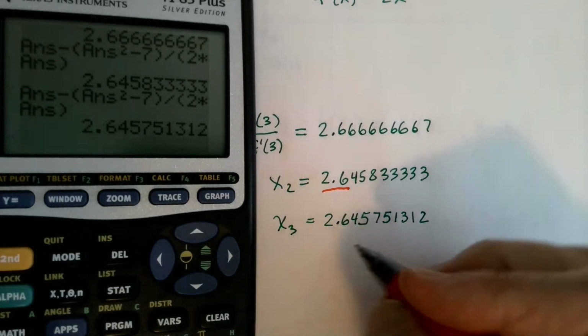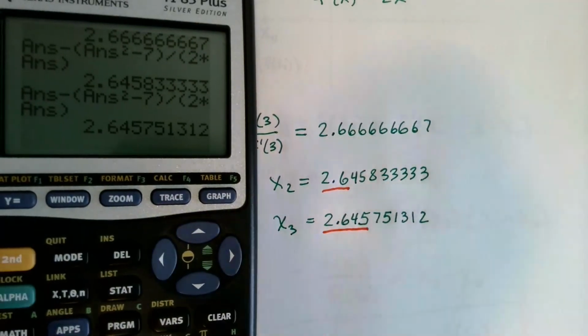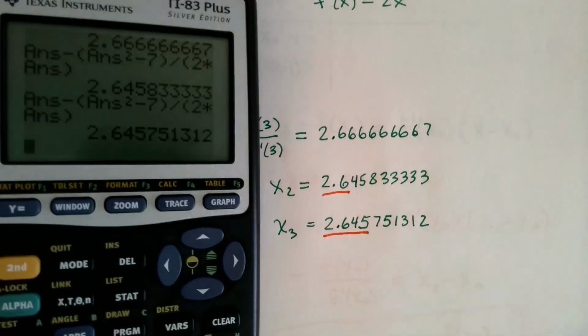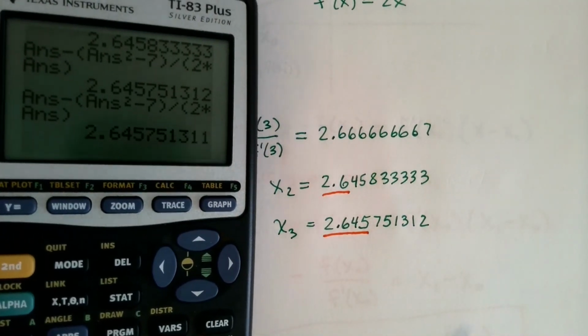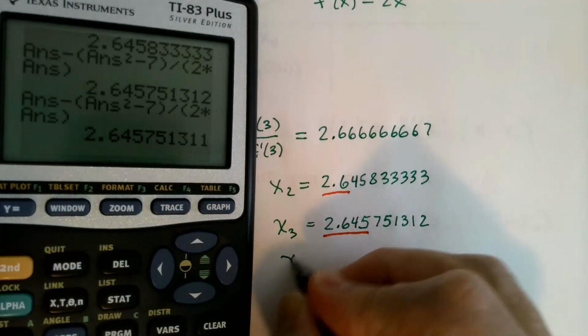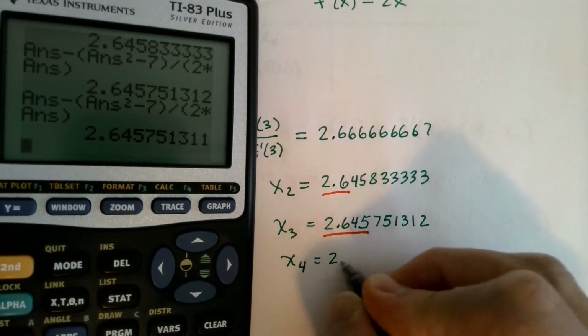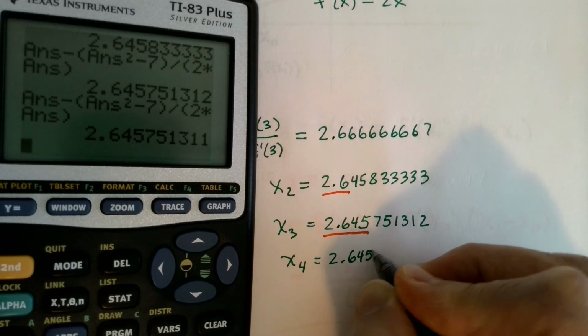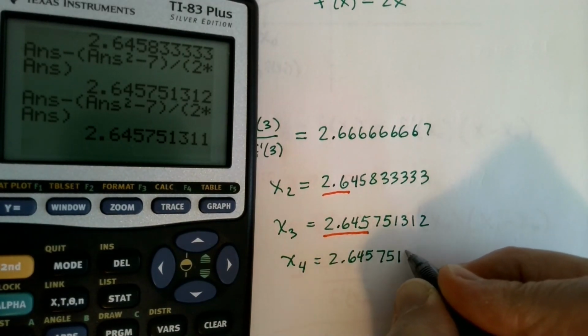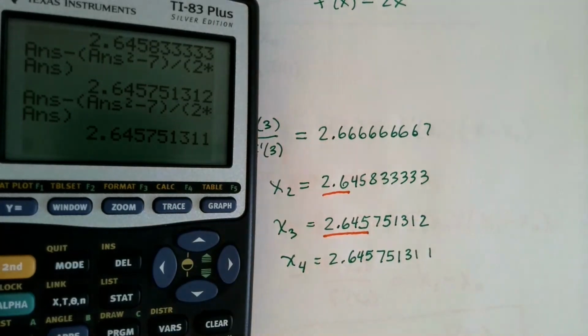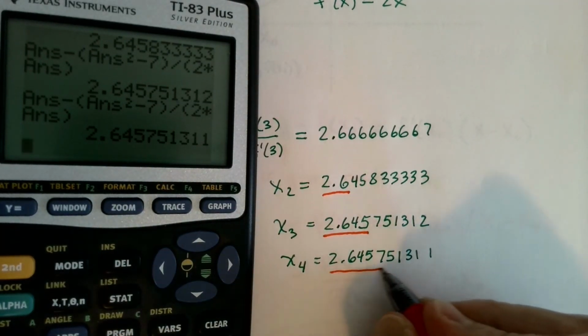And it looks like we're up to maybe 3 decimal place accuracy, so I'll do it one more time. Second entry. And that's pretty good there. X of 4 gives me 2.645751311. So it definitely looks like we're accurate out to there.